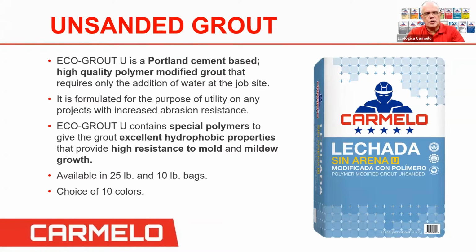So once you install your tile, then you're going to need to grout all the joints, right? So we have the unsanded and the sanded. So the unsanded has Portland cement. It's a high quality modified grout, and it has special polymers with excellent hydrophobic properties, where there's high resistance to mold and mildew growth, and they come in 10-pound and 25-pound bags, and they have up to 10 colors.